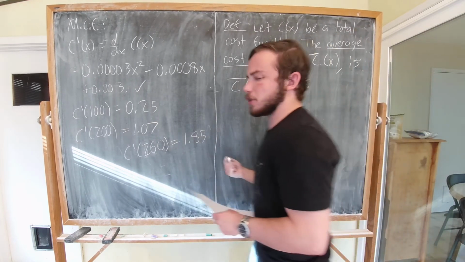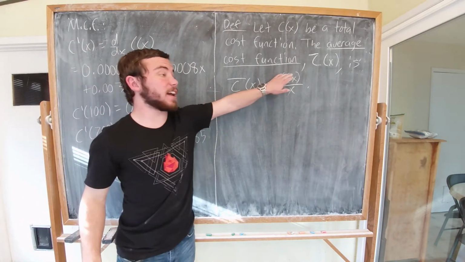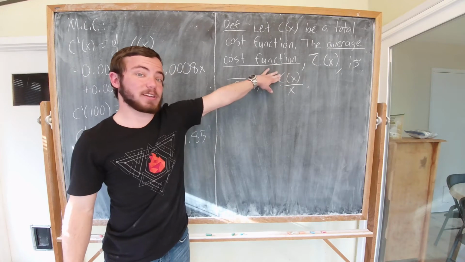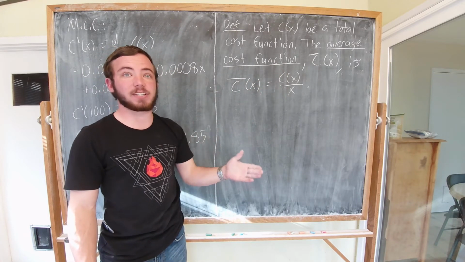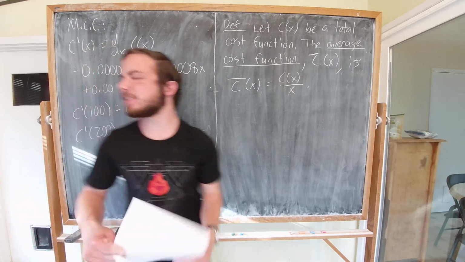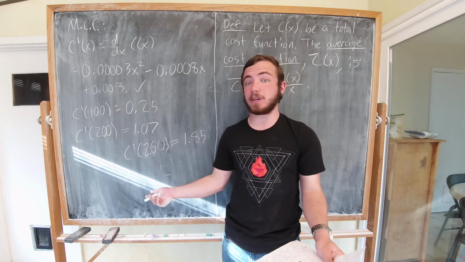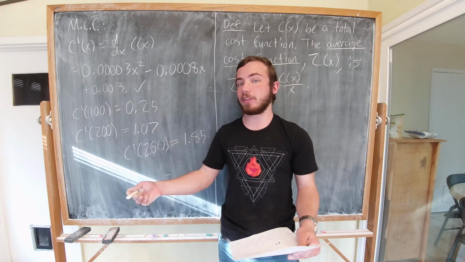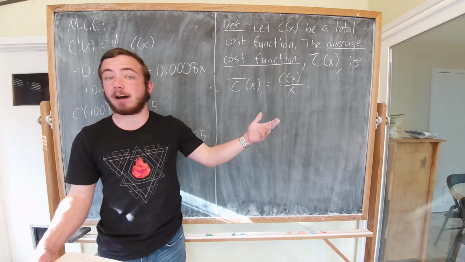So we ask ourselves, why is that a valid formula? Well, what we're doing is we're taking the cost of producing x units and dividing it by x units. And that's telling us how much each unit is costing me on average, right? Because each unit might be costing you a different amount. For instance, the first unit might be costing you a lot more than the rest of them, since to produce the first unit, you need to get the factory up and running, right?